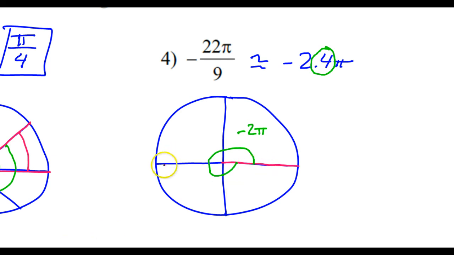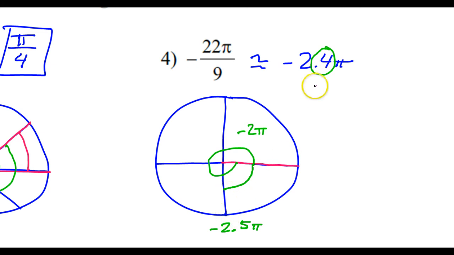Now remember that pi is a semicircle, so every quadrant is half of pi, in other words, 0.5 pi. So far I've gone negative 2 pi. If I went one more quadrant like this, this would be negative 2.5 pi, right? Because it's an extra half pi.